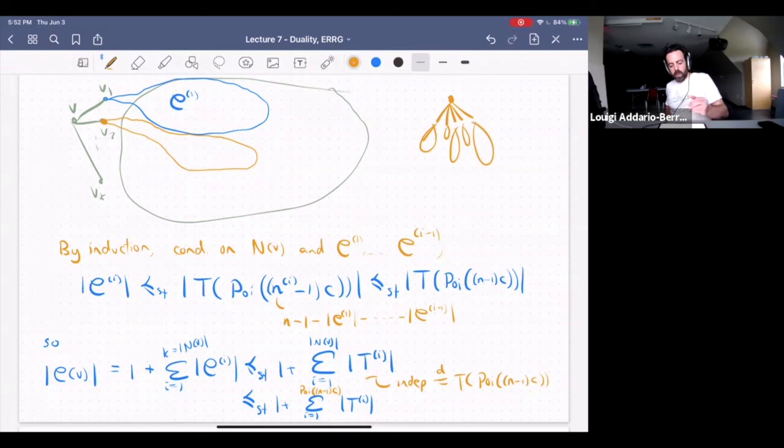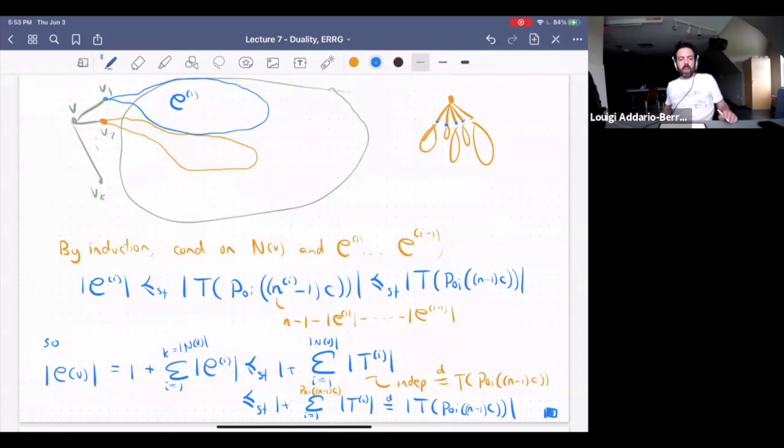So this expression on the right is exactly, by doing a one-step recursion on a branching process, the same as the law of a Poisson (n minus 1)c branching tree. So that's the whole proof.